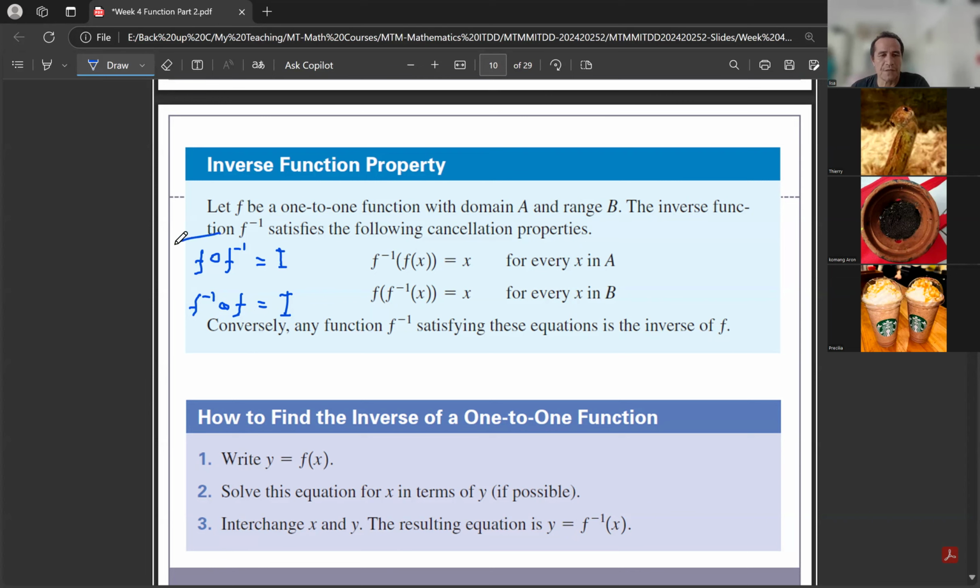Then after we know the definition of inverse, next we want to find the inverse of a function: how to determine the formula of the inverse of a function. And of course, the requirement is that the function must first be one-to-one.